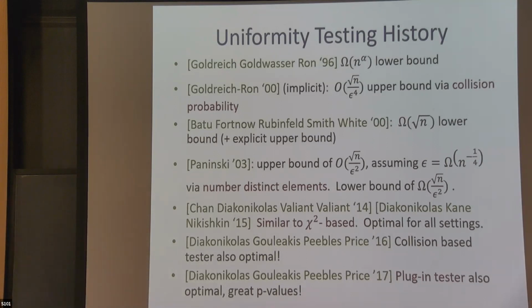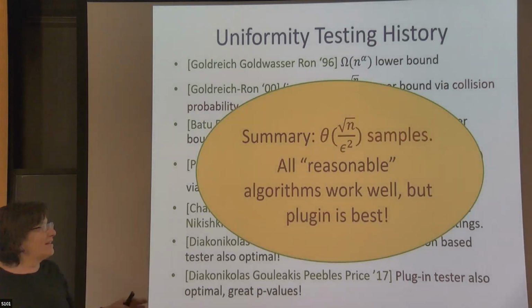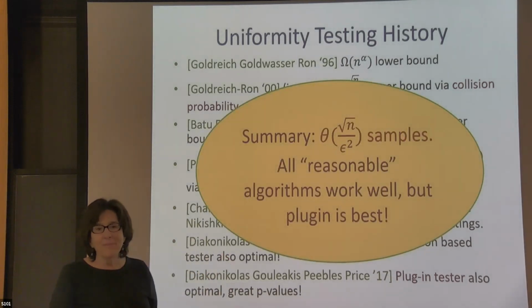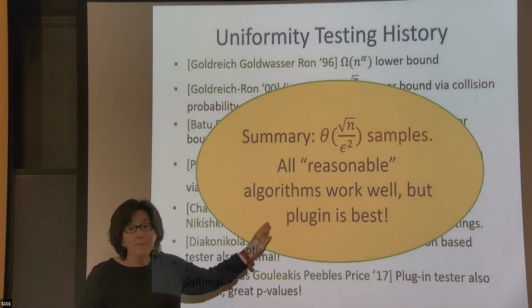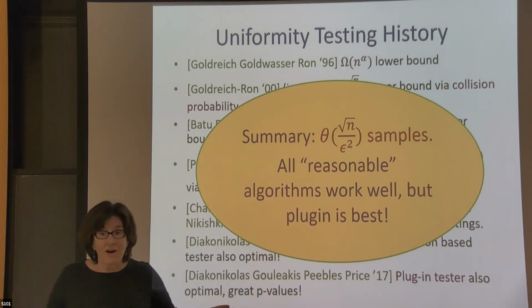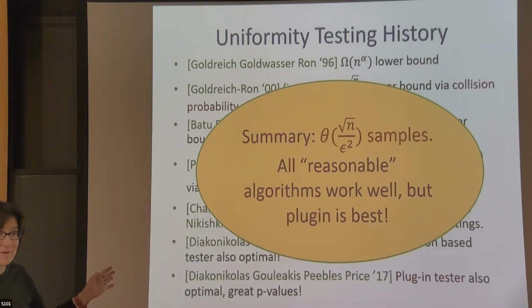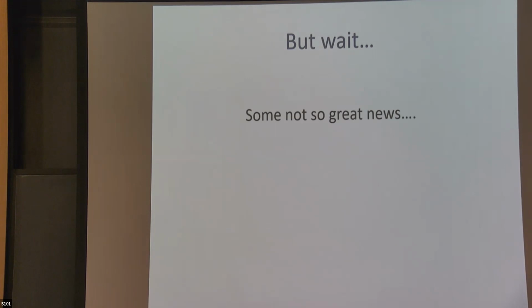Usually we say, okay, I need log 1 over delta, but they get something better than log 1 over delta. So the summary is, what you need to remember is basically all methods get you root n over epsilon squared, but plug-in is actually the best if you're worried about your confidence.